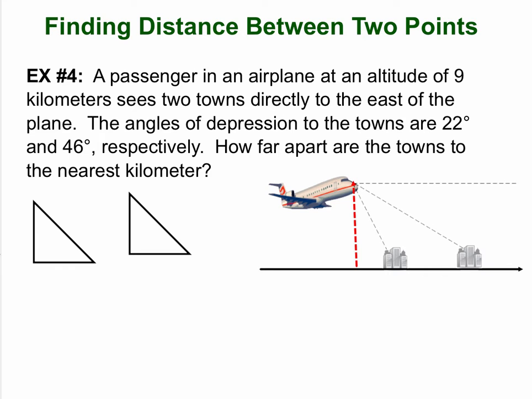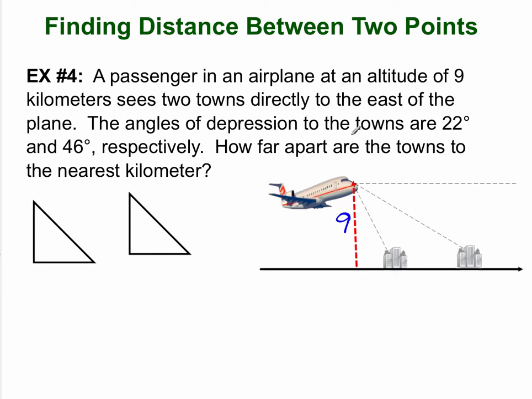All right, now suppose we want to find the distance between 2 points. I have a passenger who's in an airplane, and it is at an altitude of 9 kilometers. So that's how high the plane is here. This is going to be my y measurement.